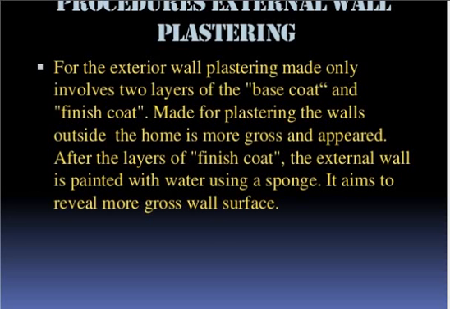The first layer is the base coat, then the finish coat, made for plastering the wall outside the home, which is rougher. After the finish coat, the external wall is painted with water using a sponge. It aims to reveal a rougher wall surface. We talk here about external plastering and internal plastering as procedures.